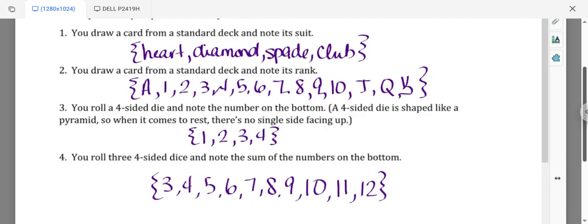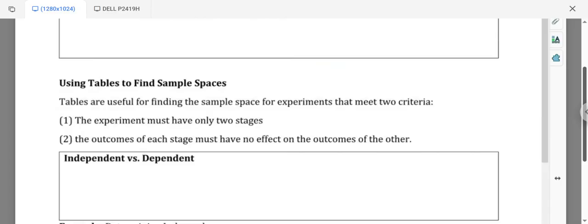Okay, so multi-stage experiments would be when you roll 2 die or you pick 2 cards.